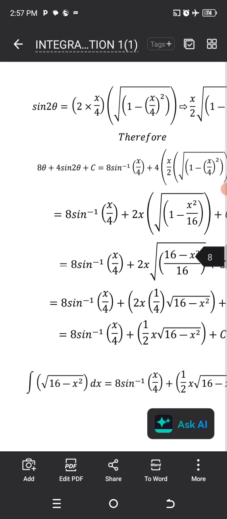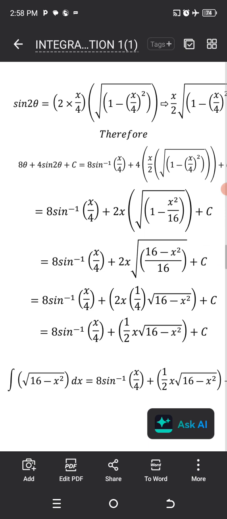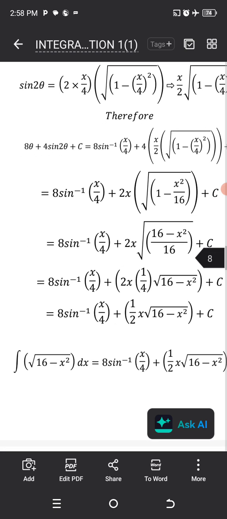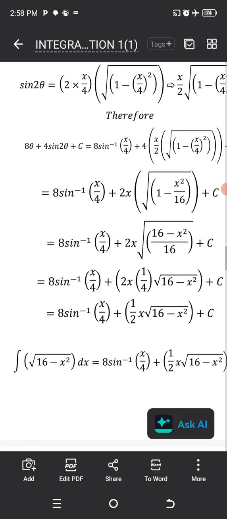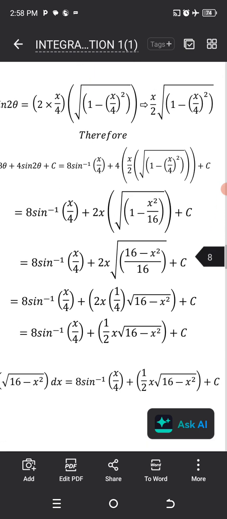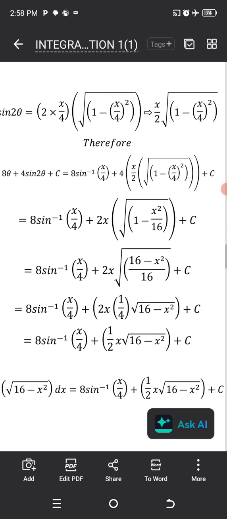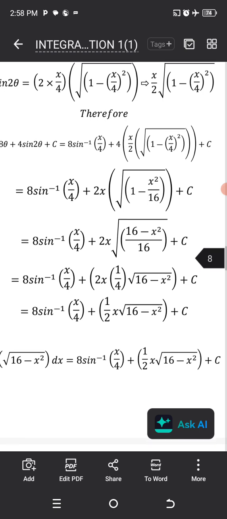So therefore 8 theta plus 4 sin 2 theta plus c equals 8 arc sine x over 4 plus 4 times x over 2 square root of 1 minus x over 4 all square plus c. Which eventually equals 8 arc sine x over 4 plus 2x square root of 1 minus x squared over 16 plus c.